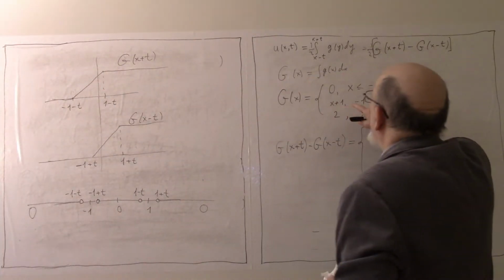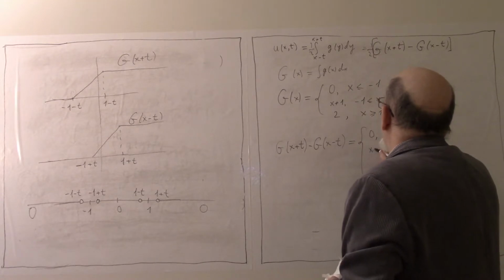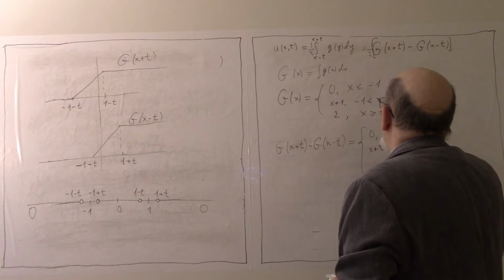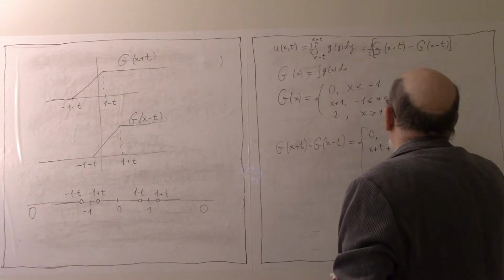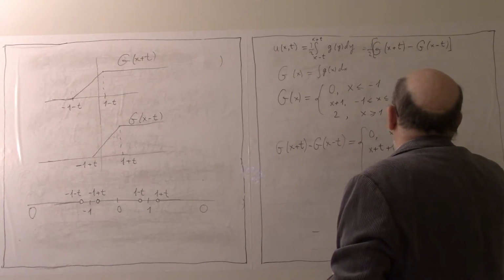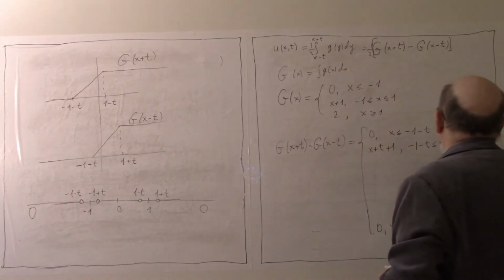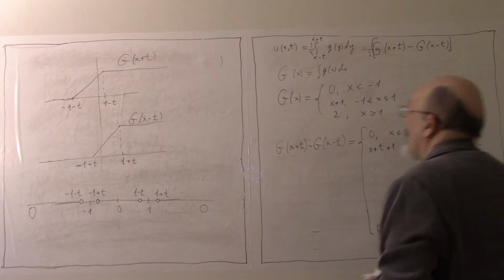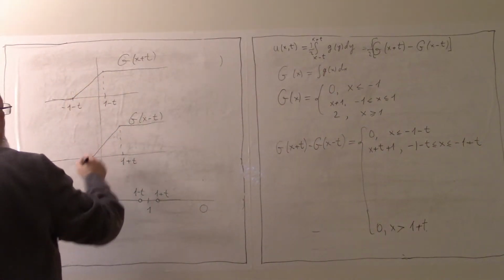So g of x plus t is x plus t plus 1, when minus 1 minus t is less than x less than minus 1 plus t. So between this and this point.